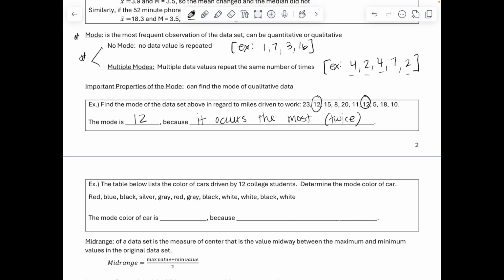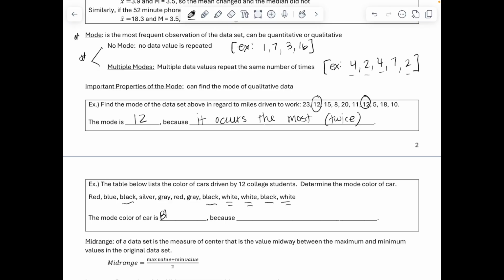The next example at the top of the next page says the table below lists the color of cars driven by 12 college students to determine the mode color of the car. And so taking a second to look at this, you'll notice that we have a total of 3 black cars, and we also have a total of 3 white cars.